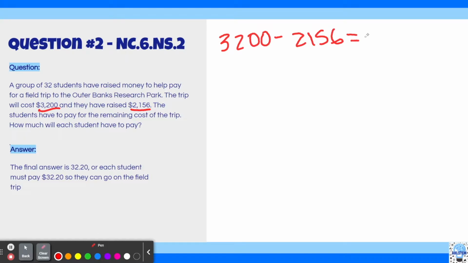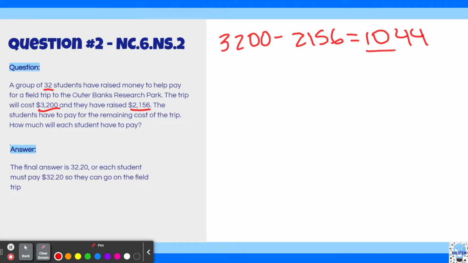So I'm getting $10.44. Yep, $10.44. So there's 32 students.